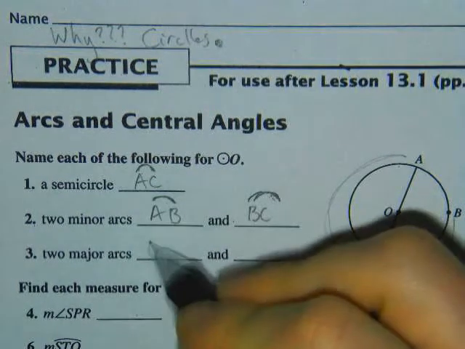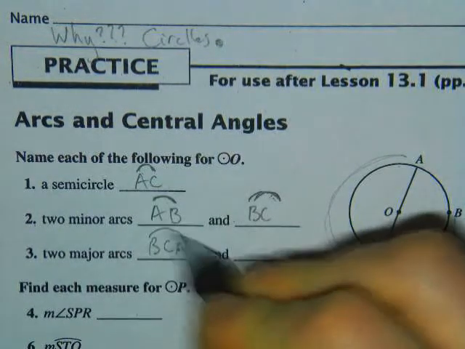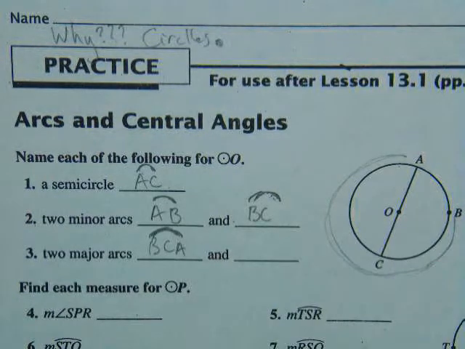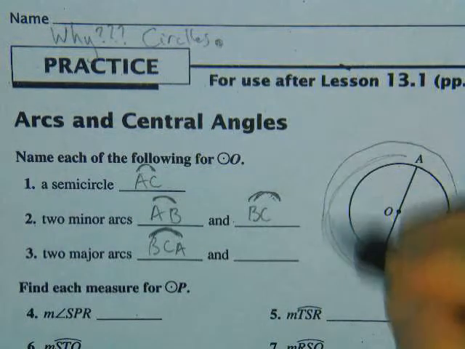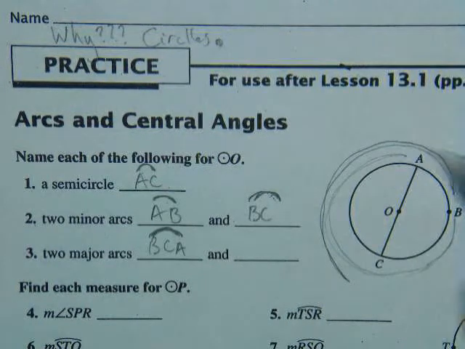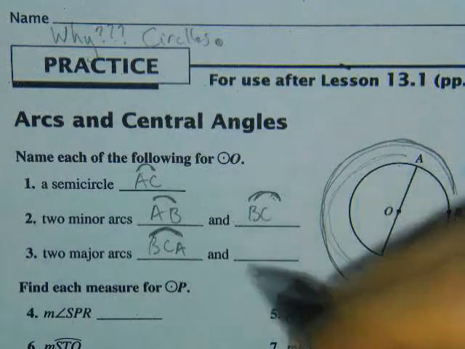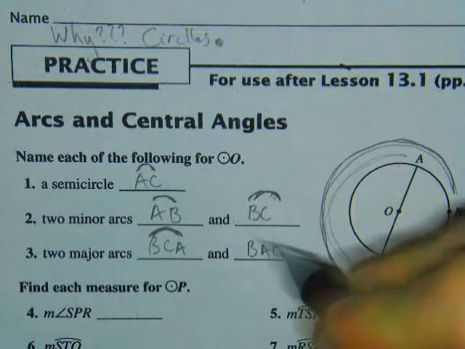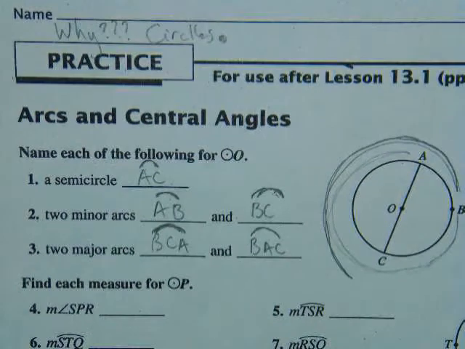So B, A, and then we can go this way as well and get this guy. Those are two different ones. And get BAC. Alright, that's it for identification right there.